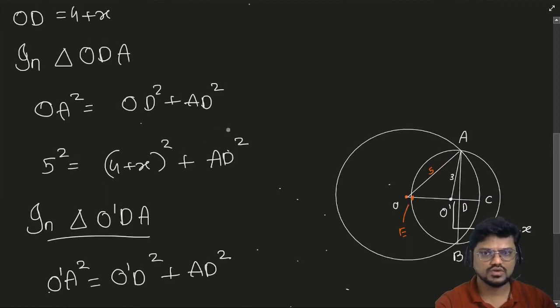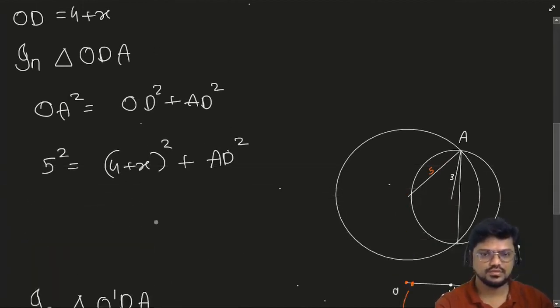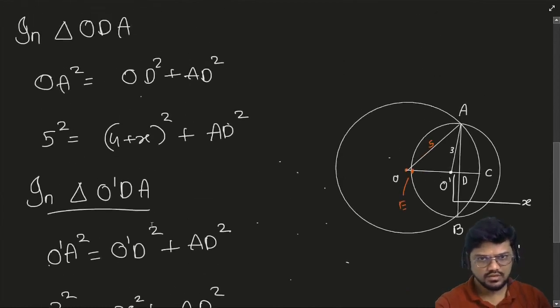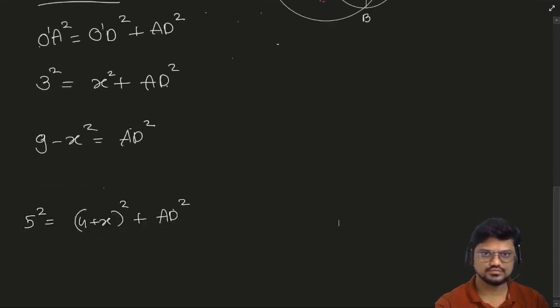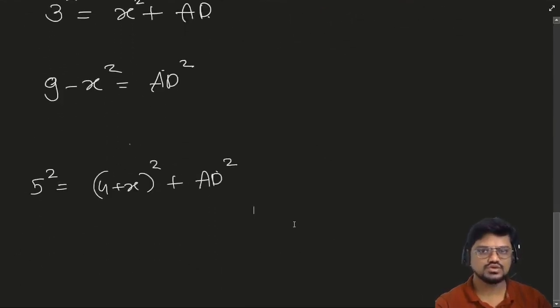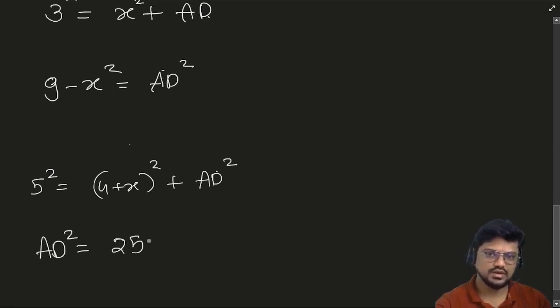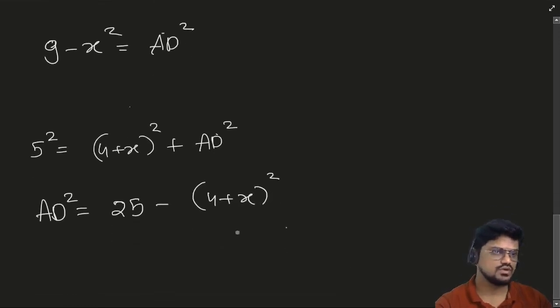We have also got AD square over here. AD square over here was 25 minus 4 plus X square. Yes or no?